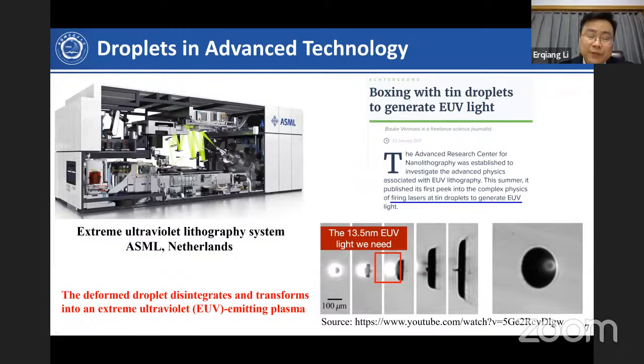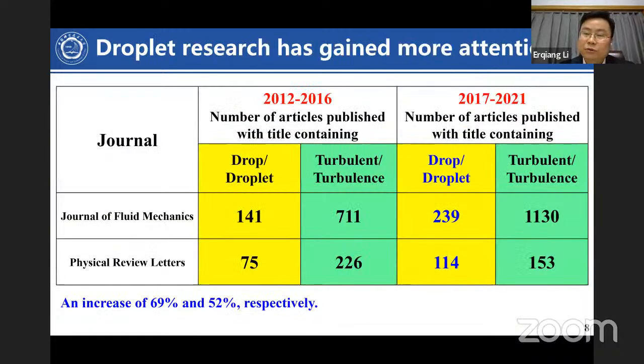From these two examples, I hope we realize that drop research is important to our daily life and high technologies. Accordingly, droplet research has gained more attention in the research field. In this table, I summarize the number of articles published with titles containing either drop or droplets in JFM and PRL.